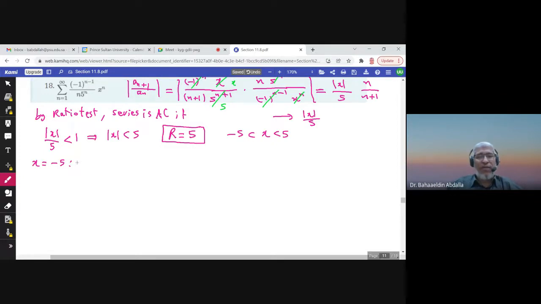If x is -5, I'll have -5 to the power n. Okay, if I write it, I have power n and power n. So -5 over 5 would be -1 to the power n. And if I add the powers, I will have 2n minus 1.